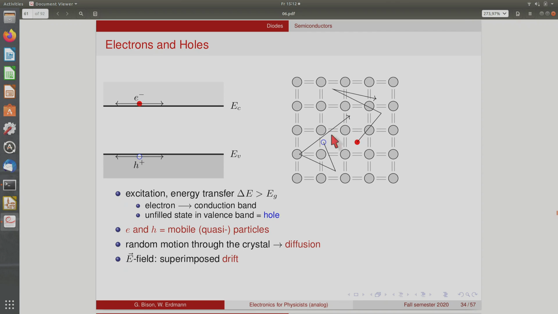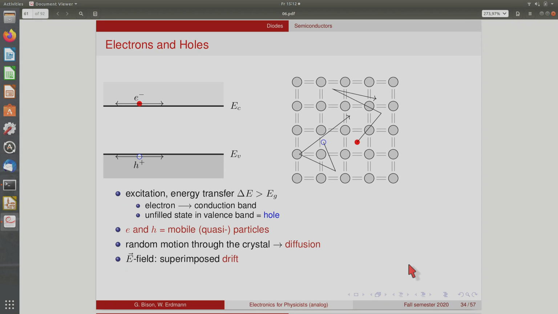Sometimes people say that if an electron jumps from here to here, then this hole moved there. But the better way to really think about this is to look at this hole as a positive particle that can move around. Both are called quasi-particles because even the electron does not behave exactly like a free electron, but similar. And so you really need to think of holes and electrons in similar terms.